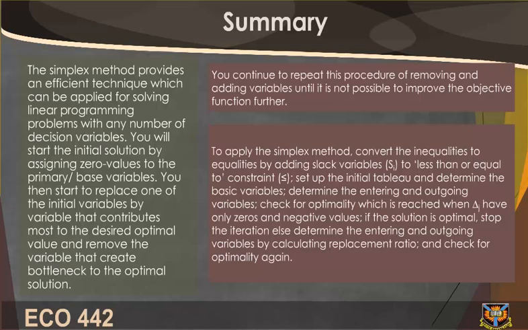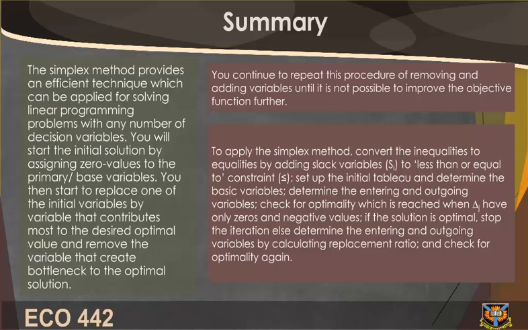Summary. The simplex method provides an efficient technique which can be applied for solving linear programming problems with any number of decision variables. You start the initial solution by assigning 0 values to the primary or base variables.